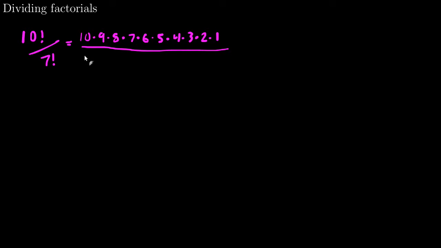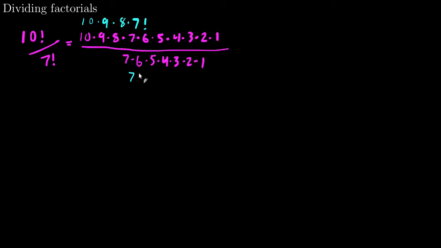The denominator is just 7 times 6 times 5 times 4 times 3 times 2 times 1. And you can see already what's happening. Instead of doing all of this writing, I could have just written this as 10 times 9 times 8 times 7 factorial, using that sort of recursive definition.